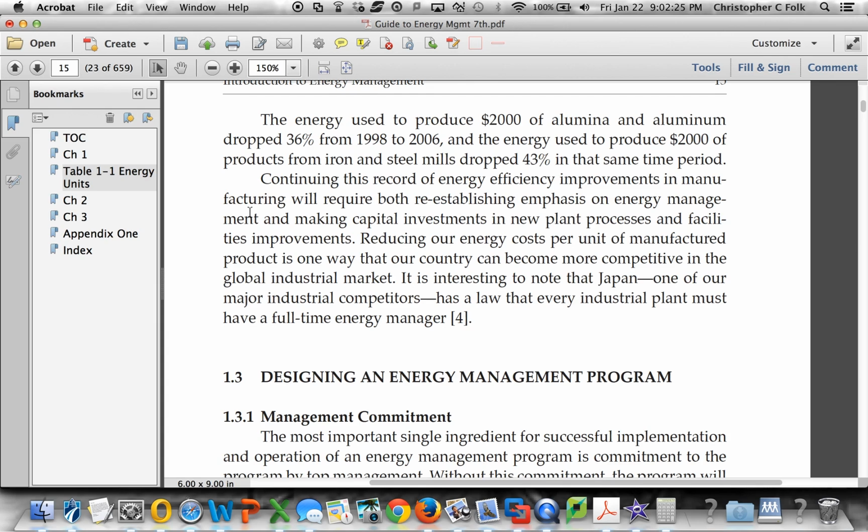Again, Chapter 1 has several pages devoted to the design of energy management programs, with examples and strategies on how to implement, establish, and staff a team. They used the 3M and General Motors corporations as examples of very successful energy management programs. Sometimes it's difficult for me to grasp just how much energy it would take to run a huge plant like that.